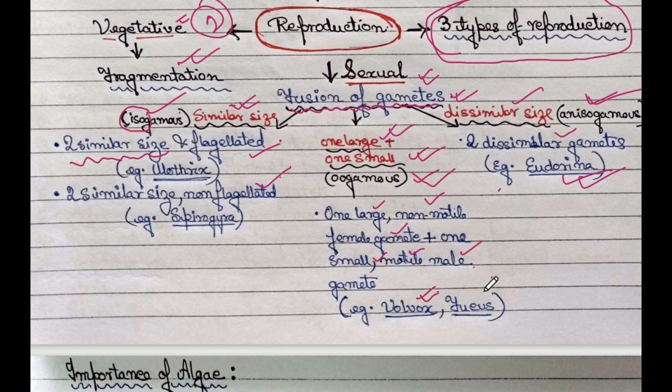This is seen in volvox and fucus. So here, this is known as oogamous, where one large non-motile female gamete is fused to one small motile male gamete. This process is known as oogamy or oogamous reproduction.